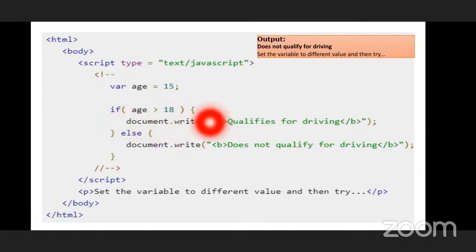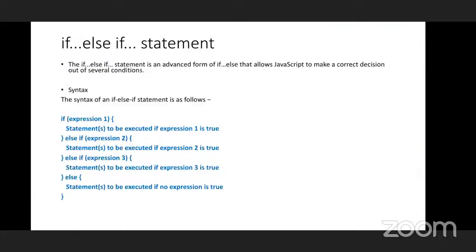So in this case, this if block will not be executed. That comes to the else part, and the statements you have written there will be executed. Here we have only one statement, document.write doesn't qualify for the driving, because this is false. It doesn't have age greater than 18. So this is how to implement if else.